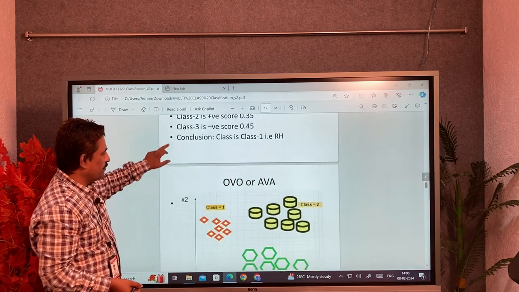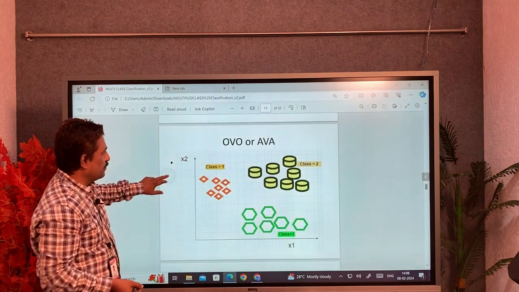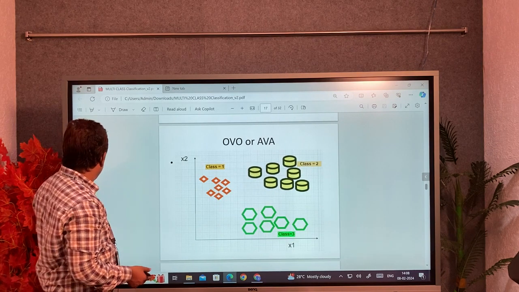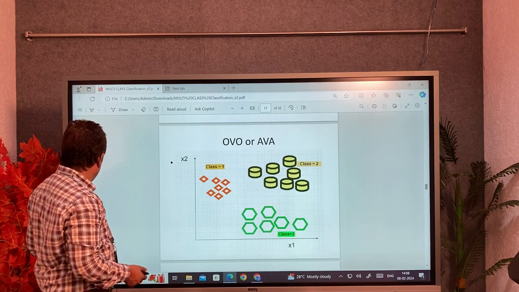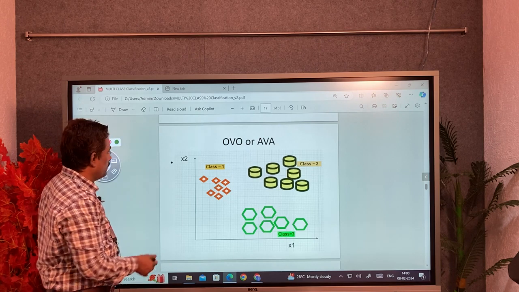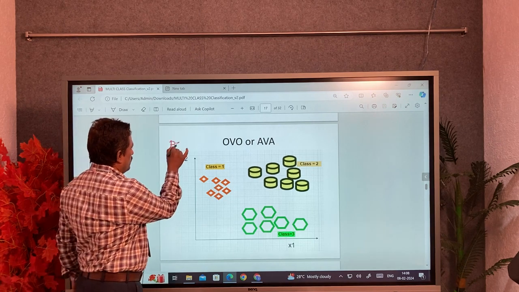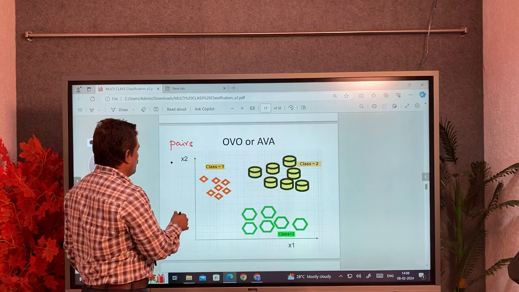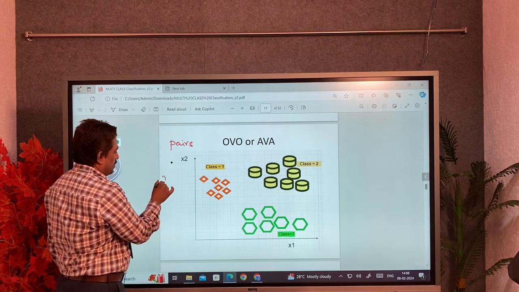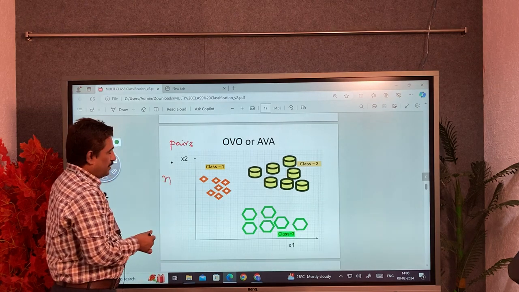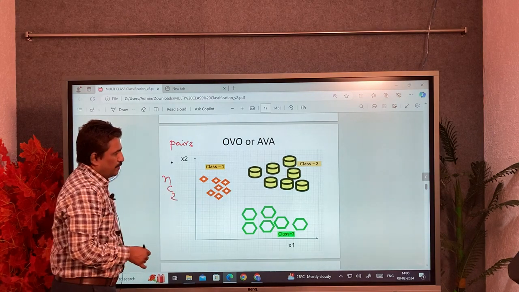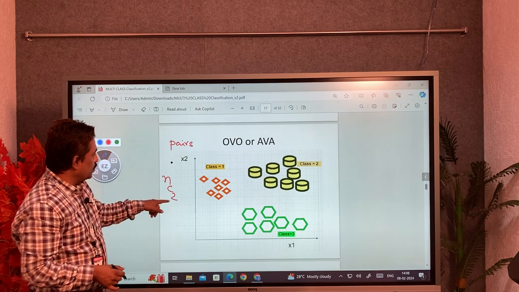So the next one is one versus one. One versus one, you can call it as pairs or all versus all. That means if there are n classes, at a time we can take only 2 classes.